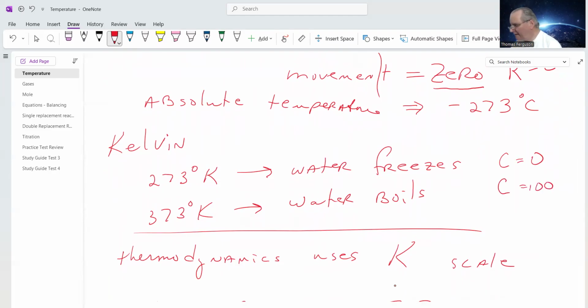We need to add 273 degrees to go from Celsius to Kelvin. So 0 plus 273 is 273. 100 plus 273 is 373. So we always use the Kelvin scale whenever we're working with thermodynamics and whenever we're working with gas laws.